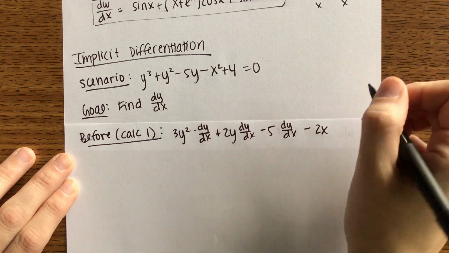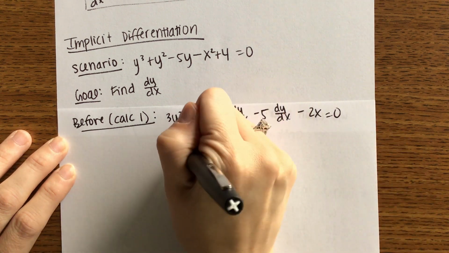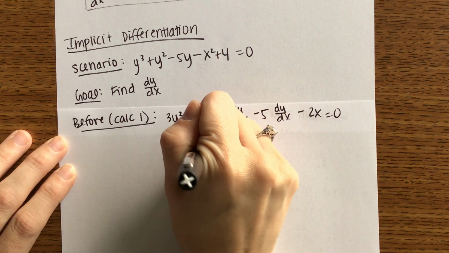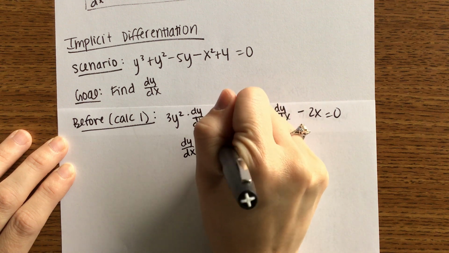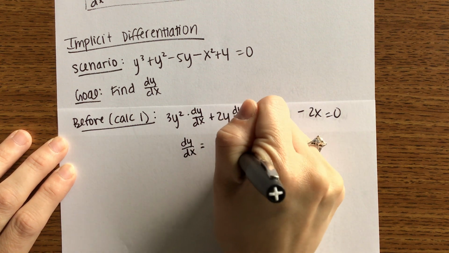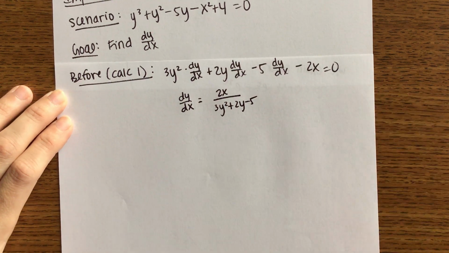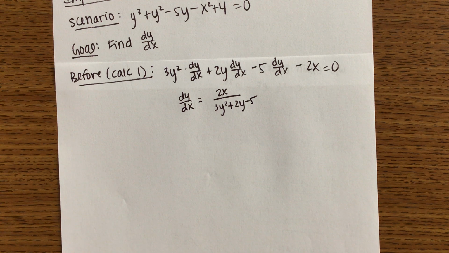Derivative of 4 is 0, so we got all that equal to 0. You factored out the dy/dx, you isolated it, and you got 2x divided by 3y squared plus 2y minus 5. That all look familiar? Okay.